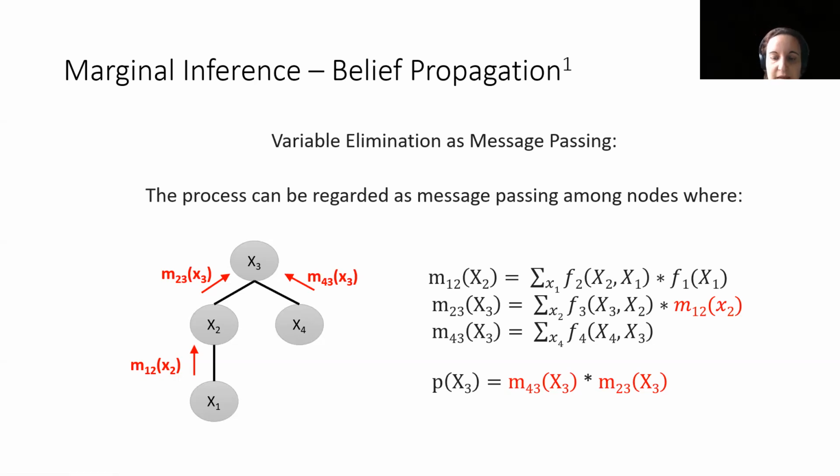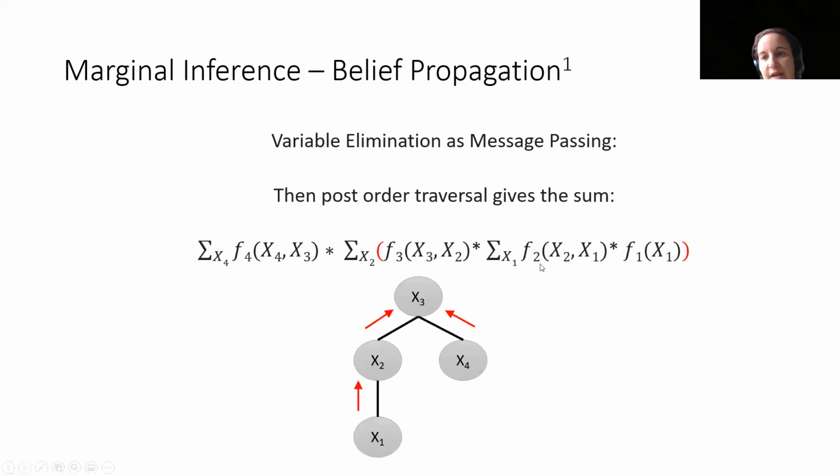Okay, this comes from here. That's why we have in the left part f1 and then f2 of x2, x1.